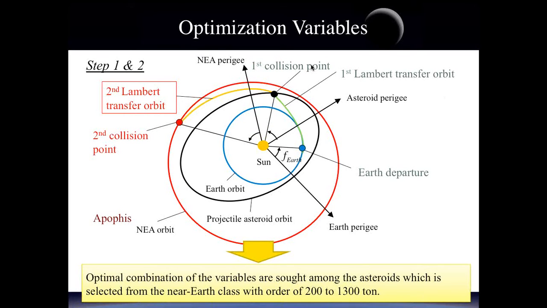And to design the whole mission, we combined both phases, and these 7 variables are considered as optimization variables. And the optimal combination of the variables is sought among asteroids selected from the near-Earth class with mass on the order of 200 to 3,000 tons.